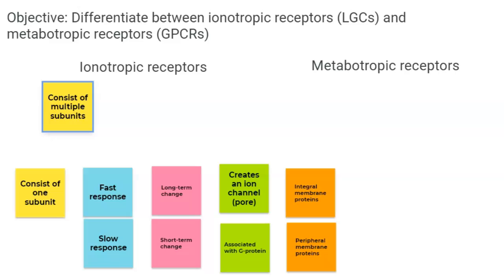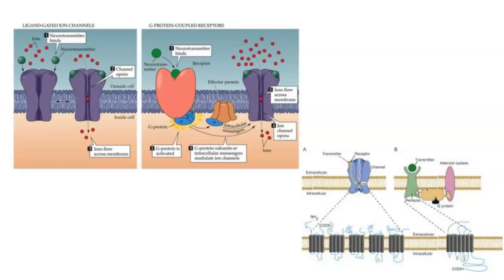If you had trouble with any of these, I do have an image on the next one that has the ligand-gated ion channels and then the G protein coupled receptors here. So if you want to pause and then work through it with a picture if you need that extra help.